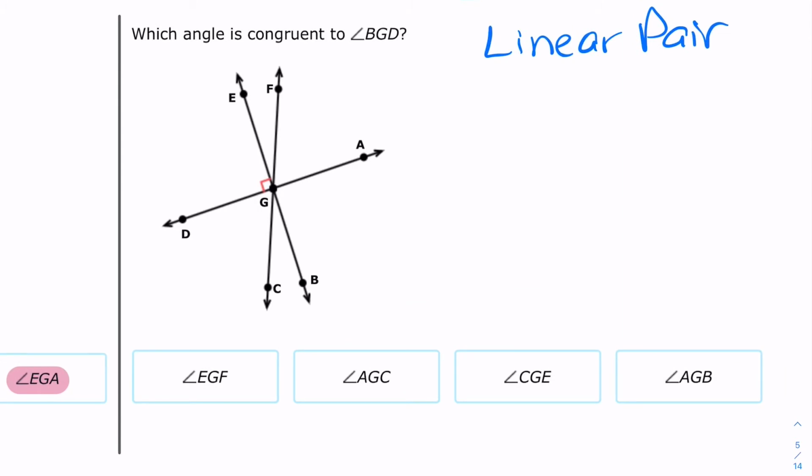So here's BGD, and that is going to be a right angle because look at this. This is a straight line. So this part right here is a right angle. So this is a right angle, this is a right angle, and this is a right. There's a lot of right angles here. So we actually have 3 angles that are congruent to BGD.